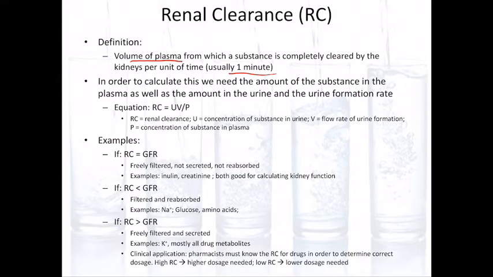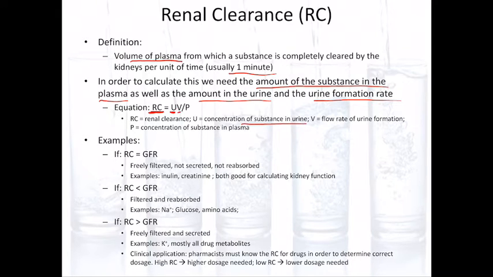Okay, so in order to calculate this, we need to know the amount of substance in the plasma, as well as the amount in the urine and the urine formation rate. Okay, so RC is renal clearance, and we have those three factors here. U is the concentration of substance in the urine.